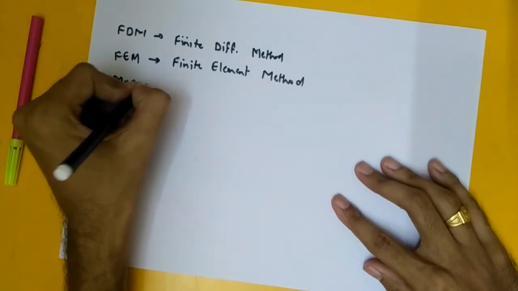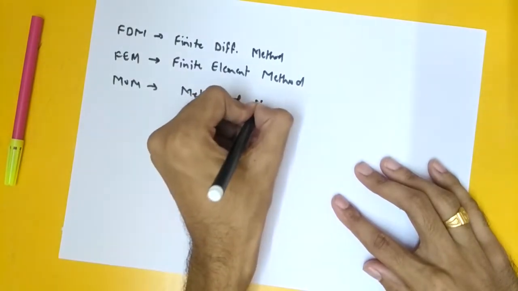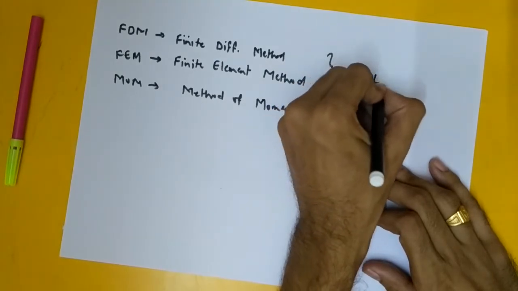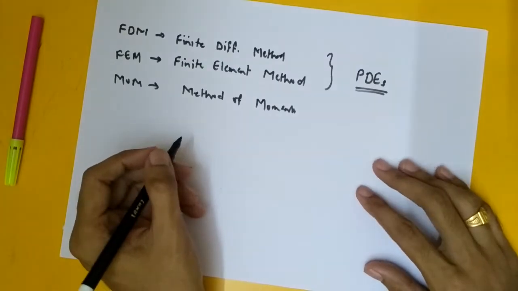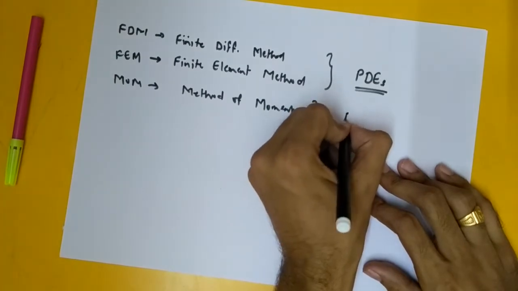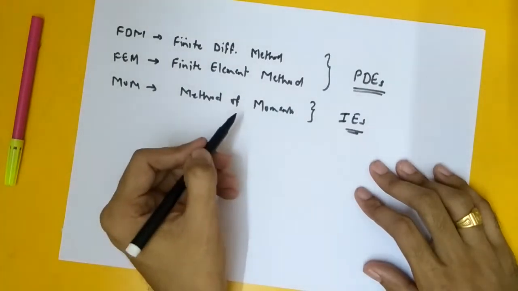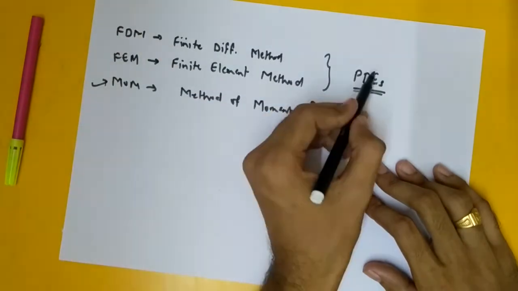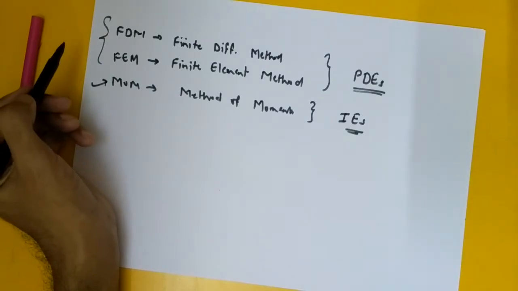And finally we have MoM, which is the method of moments. The first two are used for solving PDEs, partial differential equations, and the method of moments is used to solve integral equations. If you have an integral equation, which method will you prefer? MoM. And if you want differential equations to be solved, which method will you prefer? FDM or FEM.